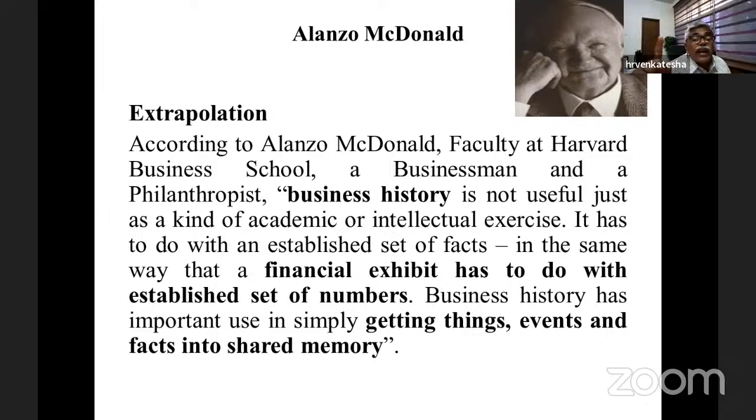In the same way that a financial exhibit has to do with the established set of numbers, history has to be studied with a set of facts. Business history has important use in simply getting things, events, and facts into shared memory. What is important is getting things, events, and facts of the past into the shared memory for the future, for taking right decisions.